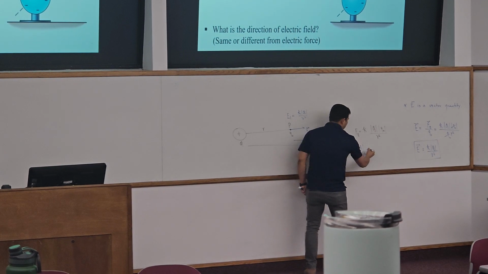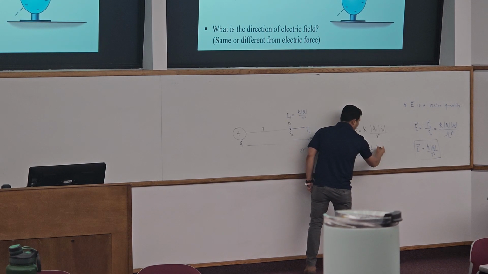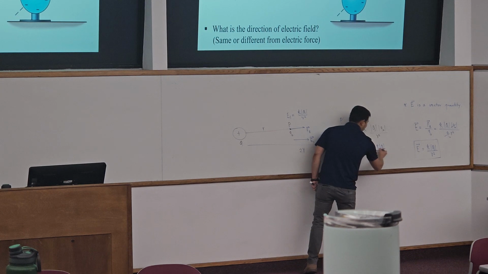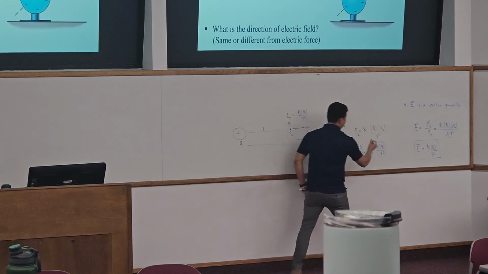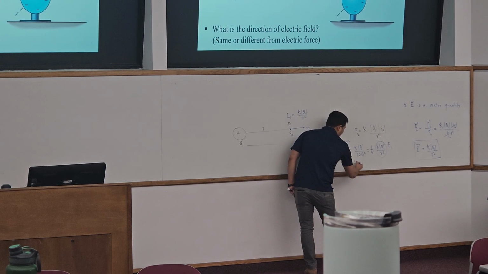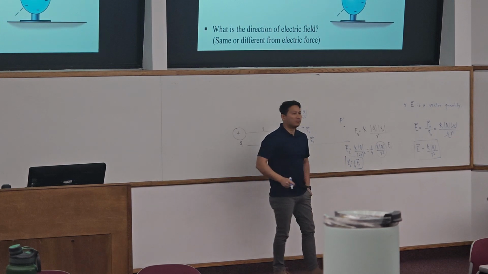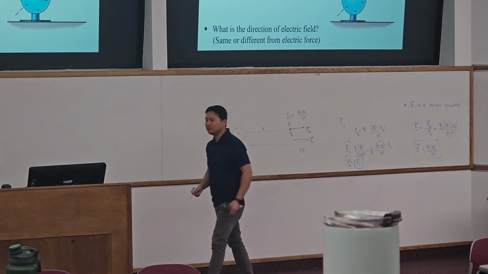If you do the mathematics, it is 2 square, 1 over 4, and kq over r square. But kq over r square is E1. So it is going to be 1/4 of E1. The electric field is going to decrease by a factor of 1/4. Okay, so this is how you solve it.